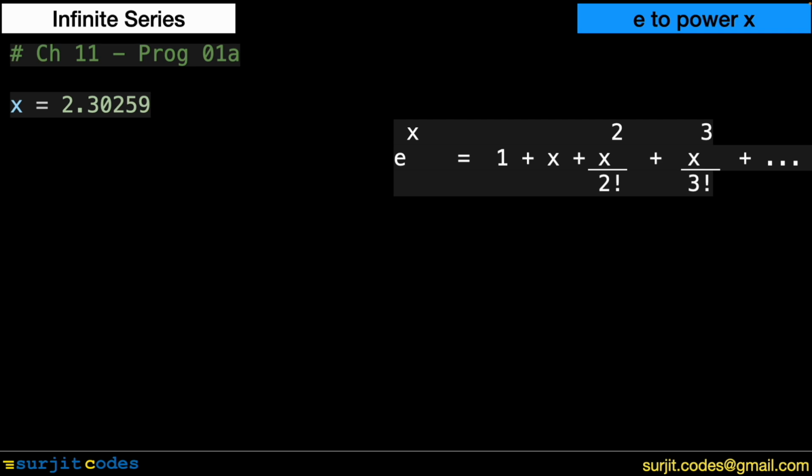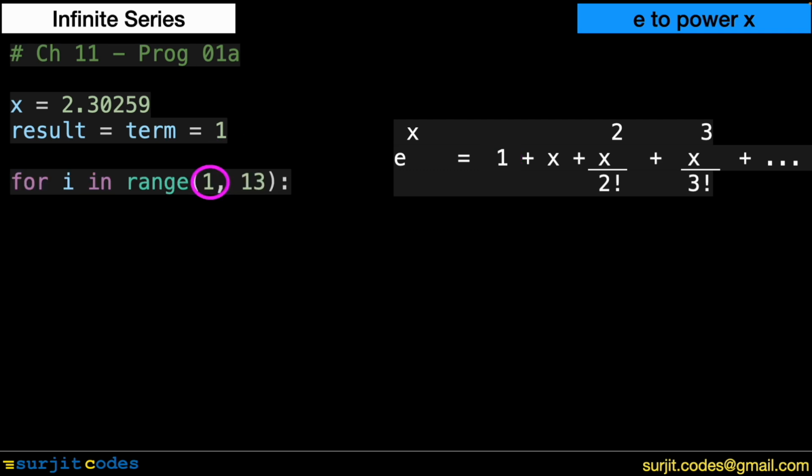In this form of the program, we will not need the factorial function. We take first term outside of the loop and make it also the starting value of result. Therefore, we initiate the loop this time with i equal to 1 as the starting value. Inside the loop, we make use of the old value of the term.